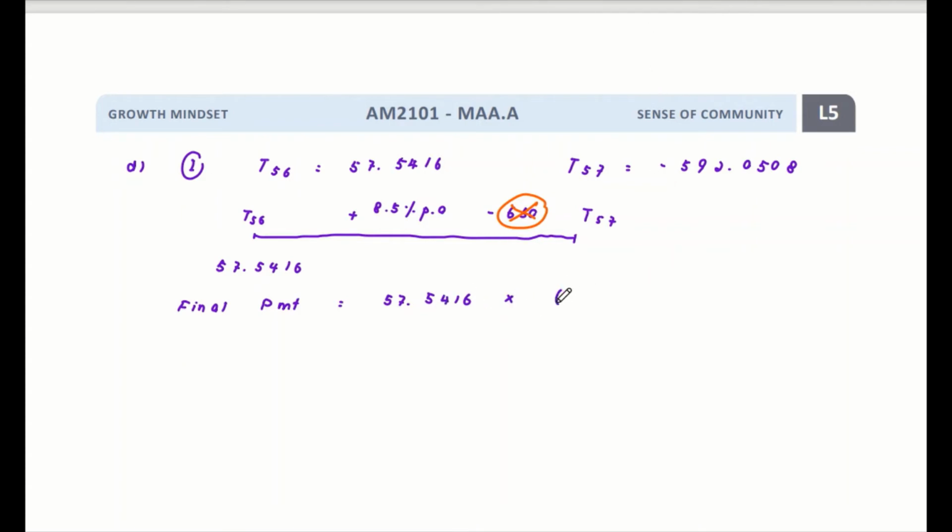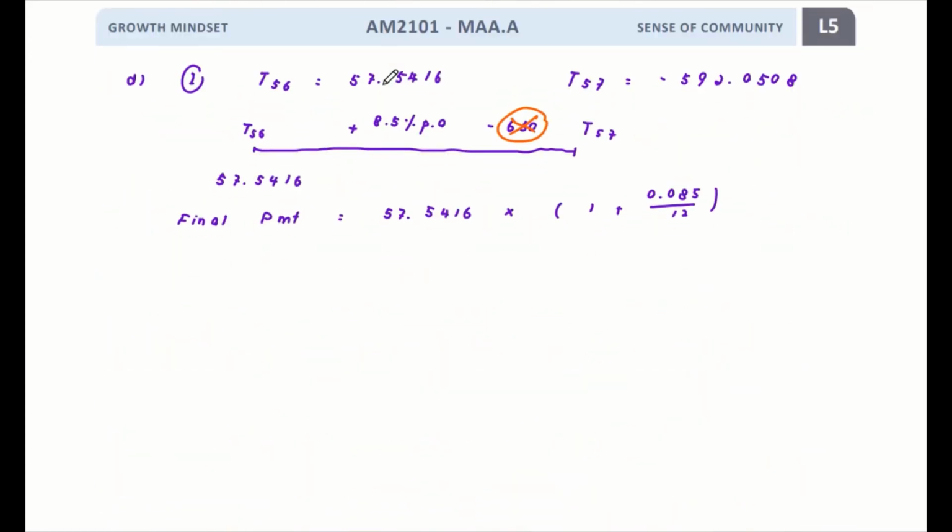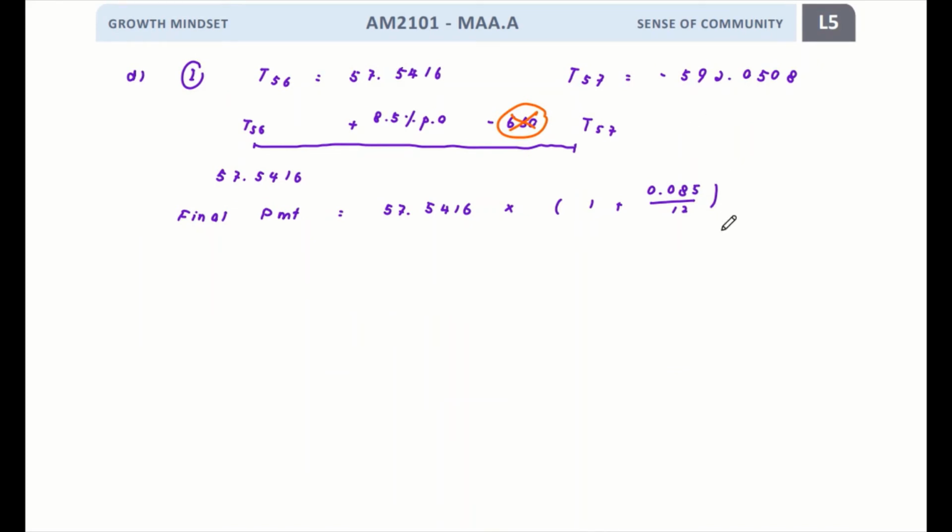Then multiply with 1 plus 0.085 divided by 12, since 8.5% is per annum. You can see this is just like the first half of your recurrence relation, because we are not taking the minus part. We are looking at how much interest is charged, then adding the original amount of money that I'm owing. So we get 57.94919. Round it to two decimal places and we get 57.95. That's the first way to find it.